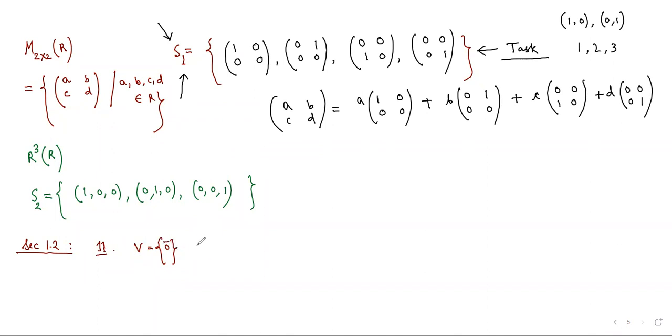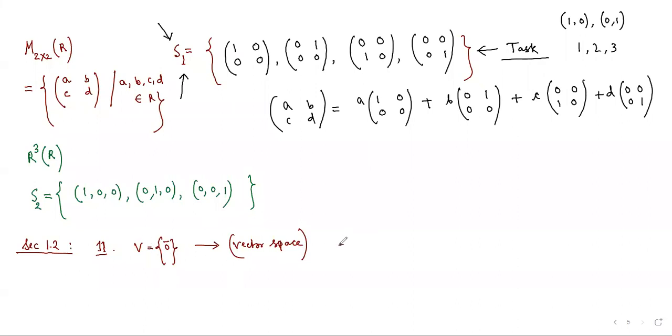This is a vector space. It can be shown; probably you have tried it out. If you consider a set which contains only the 0 vector, then you can easily show that the 8 properties are satisfied.